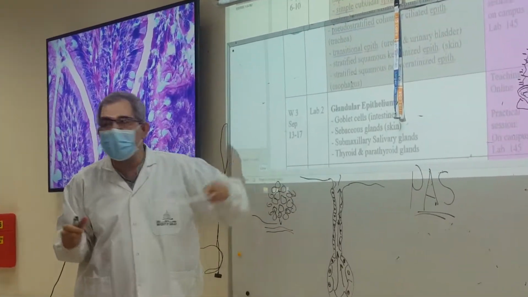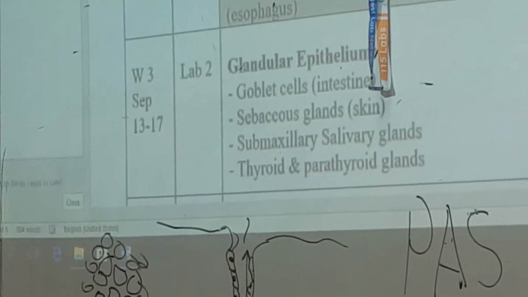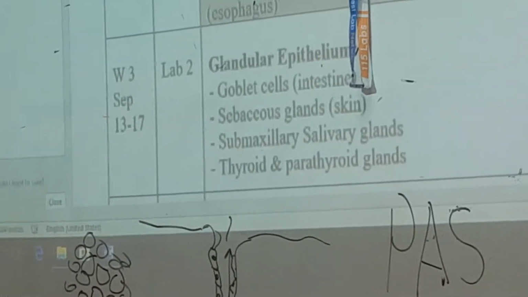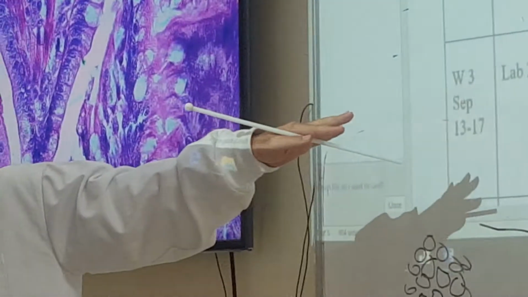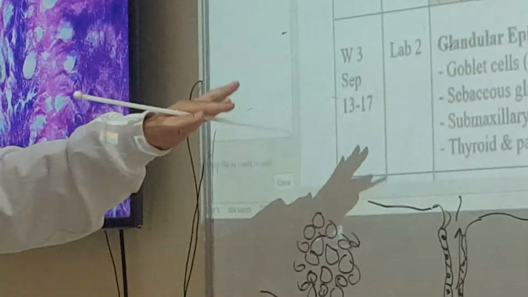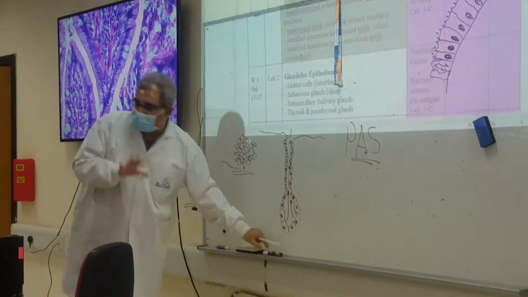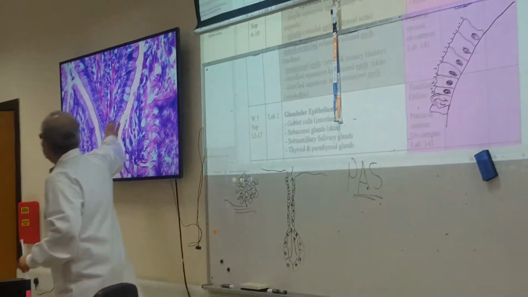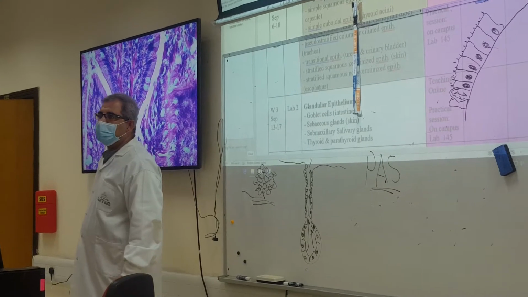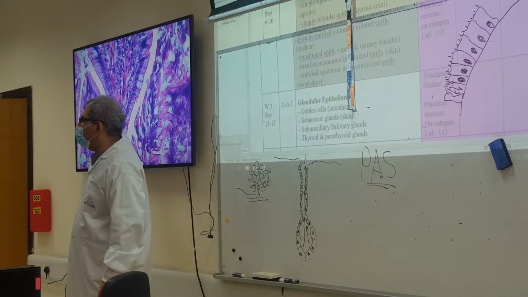There is the submaxillary salivary gland, and also the thyroid and the parathyroid. You already took them in theory, and you will learn a little bit more about them. So this is the first one. Any question on this one? This is what you need to have a look at.